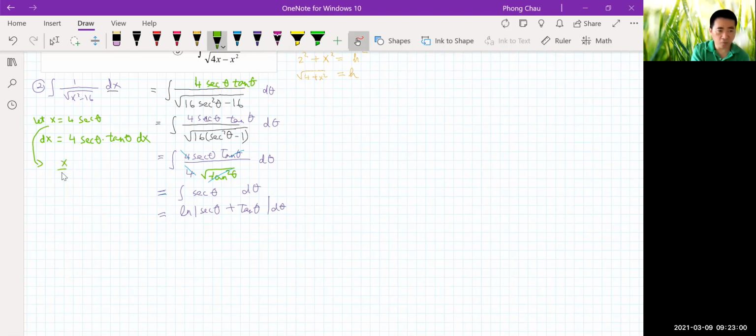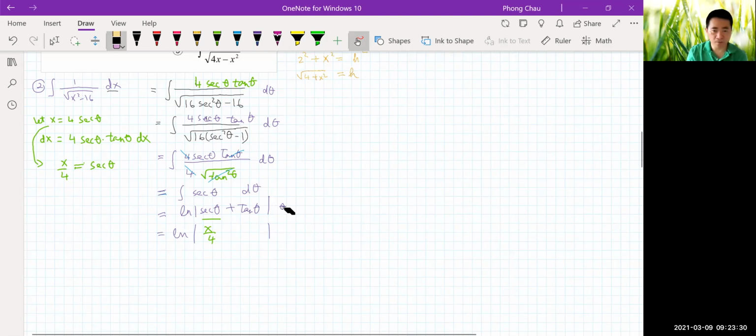So divided by 4, you have x over 4 equals secant theta. You see that one, that is x over 4. Okay, x over 4. Let's still have natural log. I think that's a plus c.